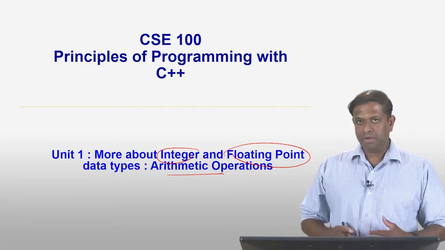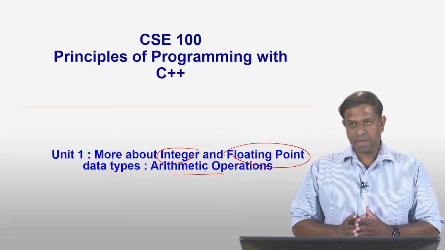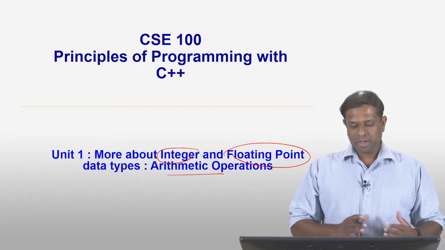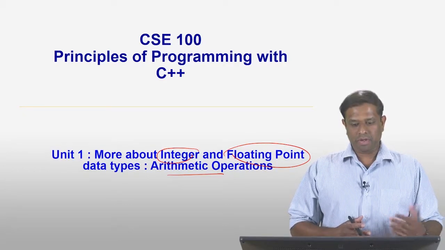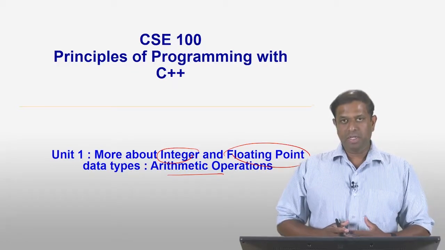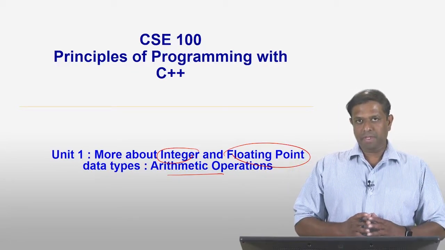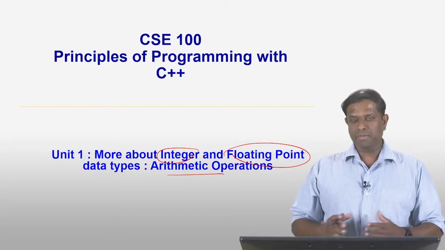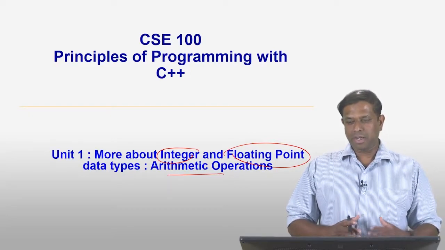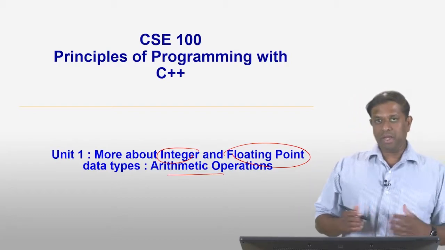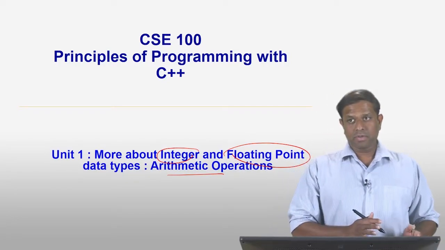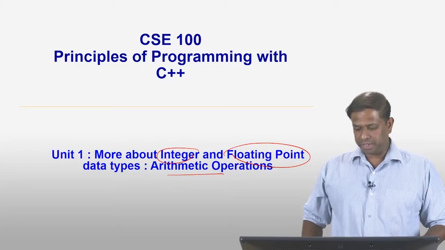In particular, we are going to look at the different types of arithmetic operations we can perform, and also the order in which we perform these operations. We call them operator precedence rules, and then we see how we can apply them with integers and double values, so integers and doubles in combination. We are also going to talk about how we can do type conversion from integers to doubles as well as doubles to integers.